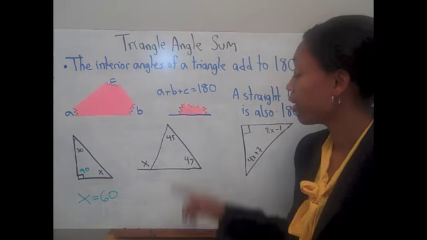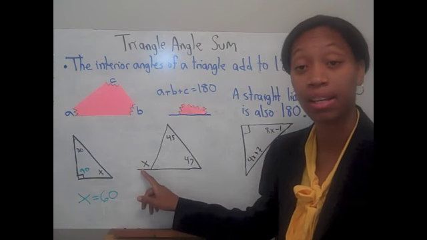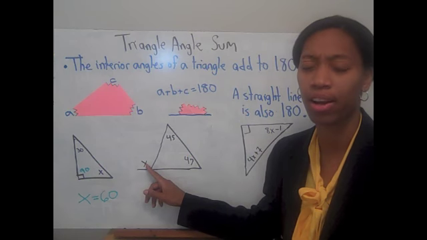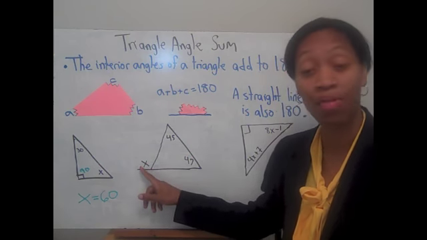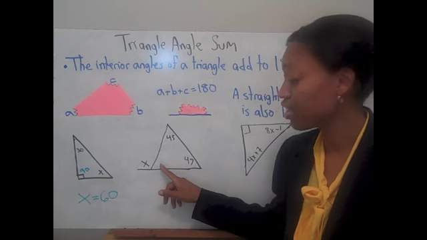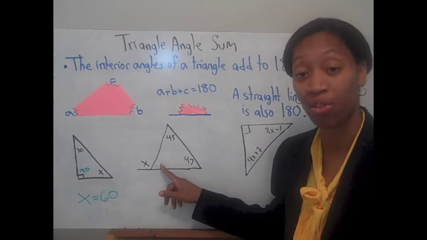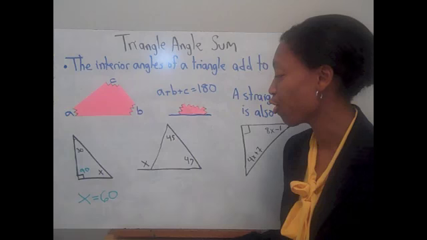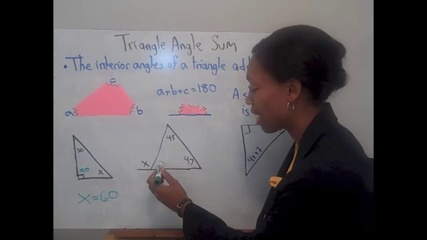Okay, here in this one, they ask me to find what x is, but it's on the exterior of the triangle. In order to find out what that angle is, first let's find the angle on the inside of the triangle. So let's put a placeholder variable in here. Let's just say a.